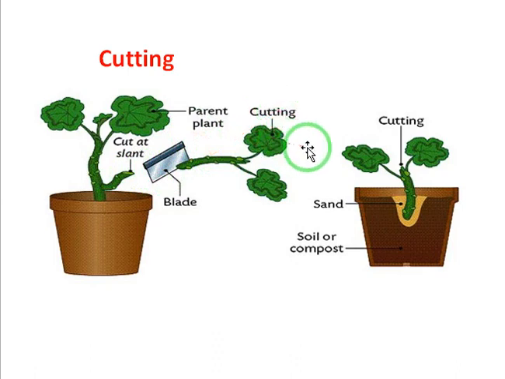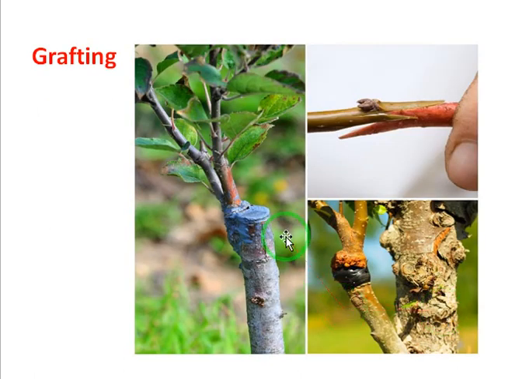When we make a cutting, we plant this cut part into the soil and it will grow into another plant. Next one, grafting. When we take the stem of one plant and insert it into the stem of another plant, this is grafting.